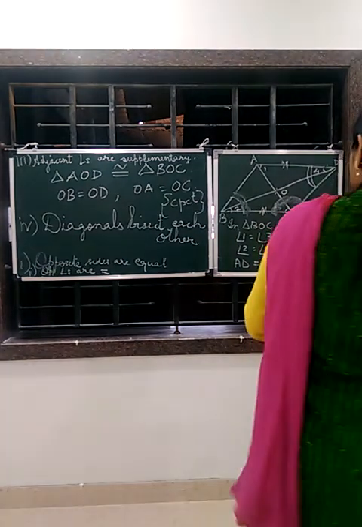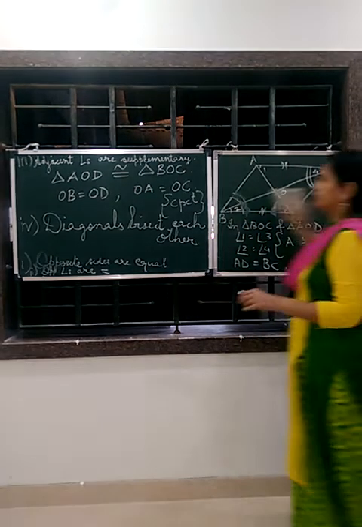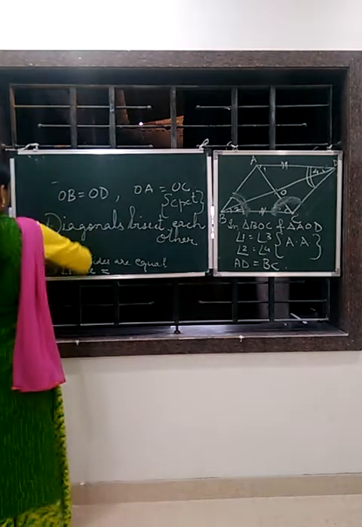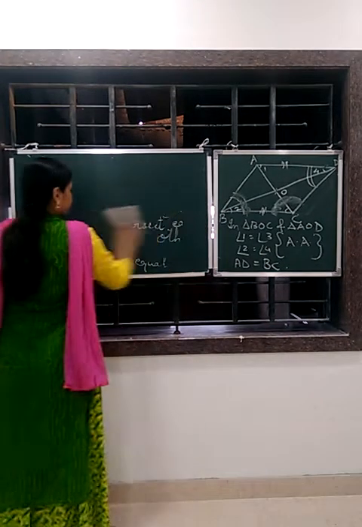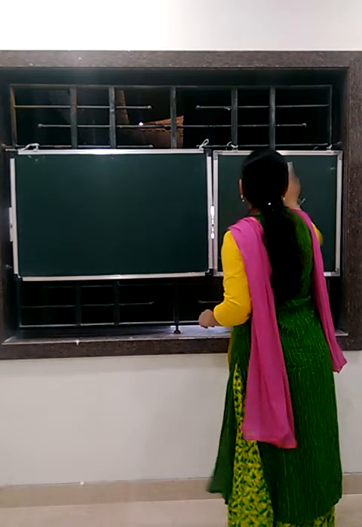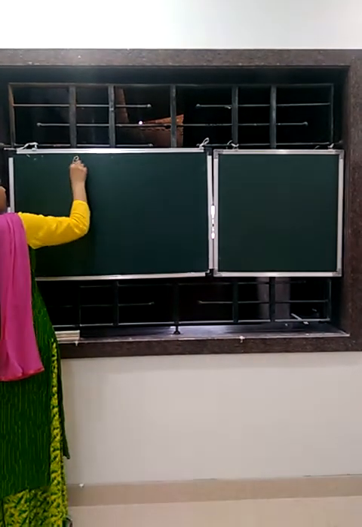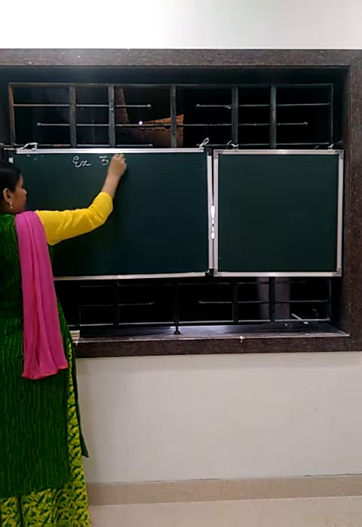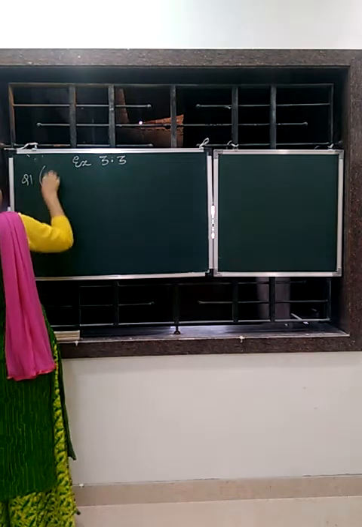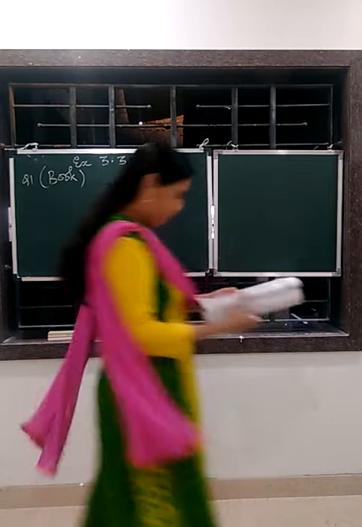Now we are starting with exercise 3.3. First question. Please mark these properties in your books. You need to write them. Exercise 3.3, question number 1 has to be done in the book.